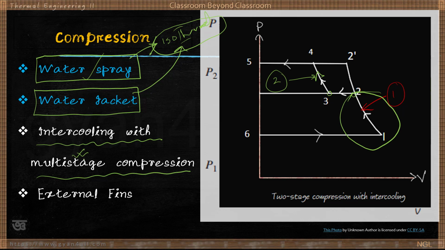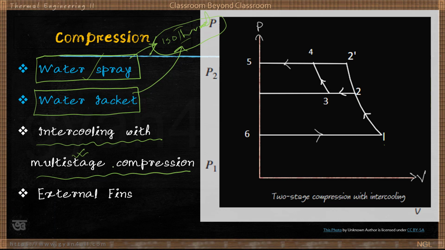Process 3, 4 is second stage compression. And there will be one intercooler, and that intercooling is process 2, 3. Now you see in the PV diagram from 2 to 3, what happened? What about the volume in process 2, 3?